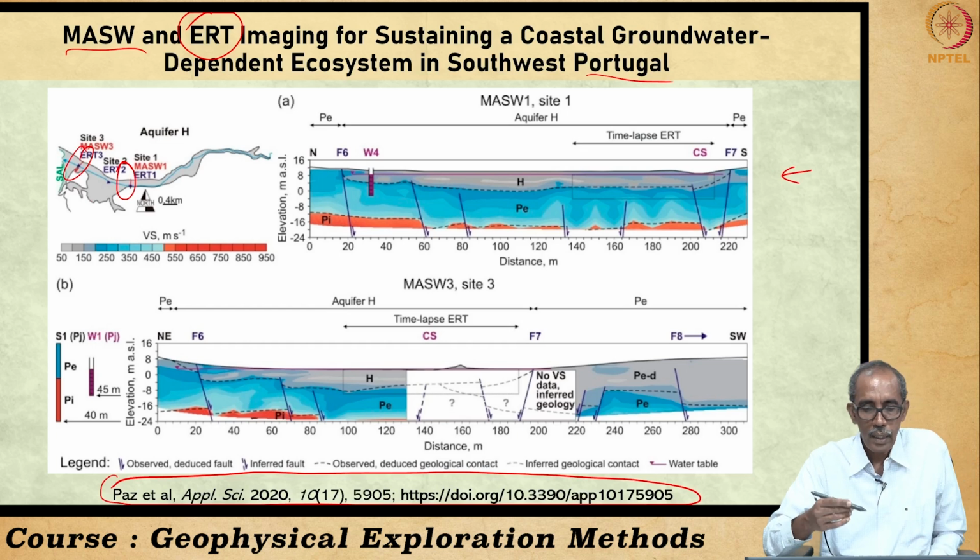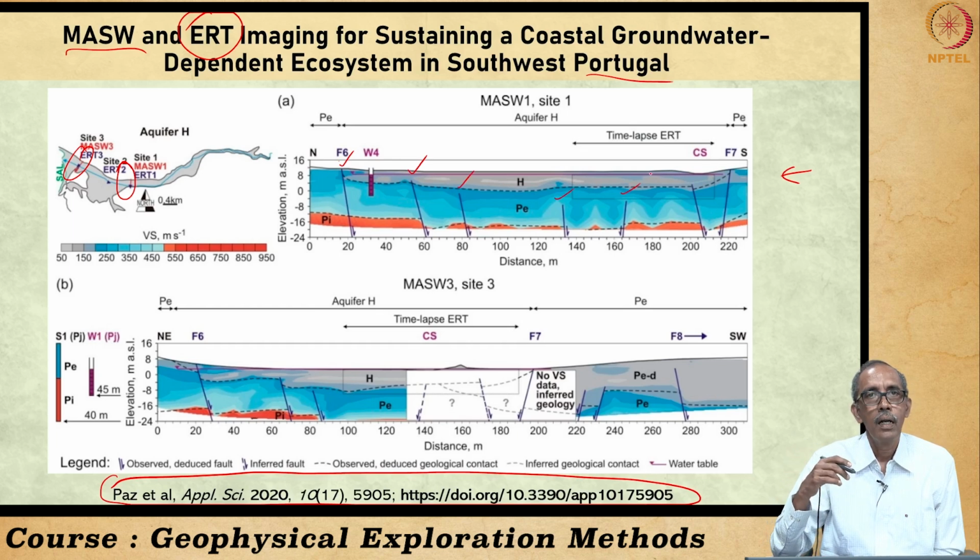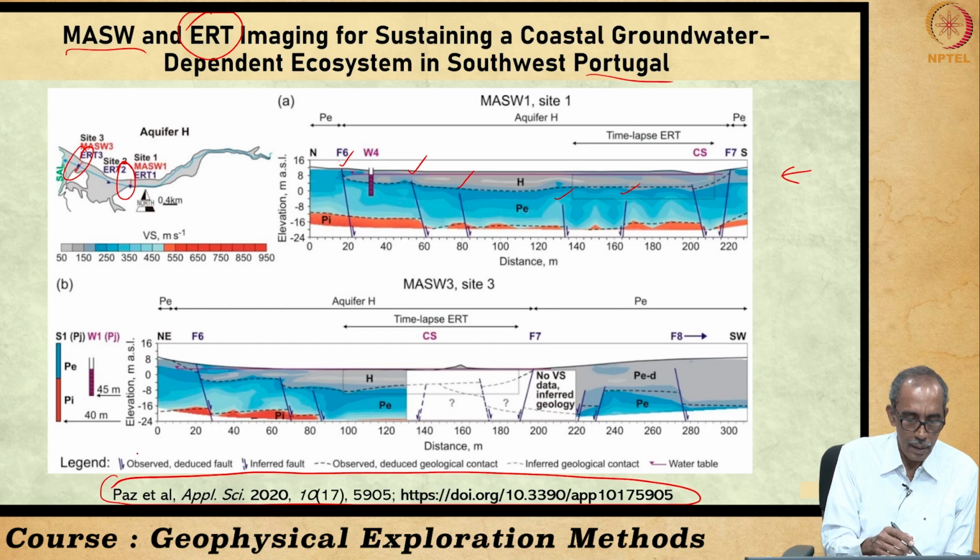As in the previous case, here too faults were clearly demarcated, right? They had found out faults at a number of places, right? This is observed as well as deduced. This is an inferred fault.